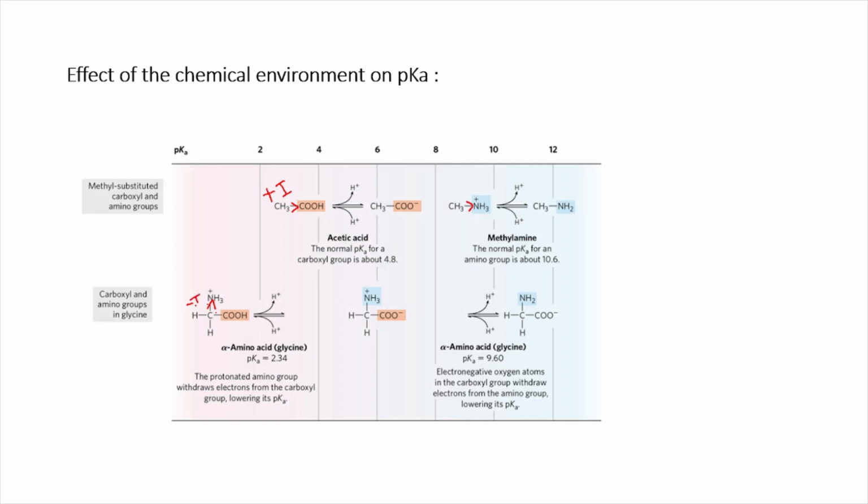Because of the strong minus I effect, the tendency of the amino acid to lose a proton and behave as an acid becomes 1000 times more than any other weak acid, say acetic acid.